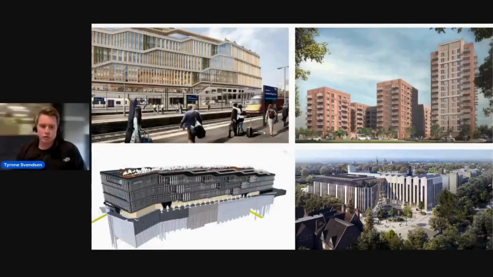I just wanted to show everyone this graphic. When I started at BIM Store, I asked for some cool photos of projects we were working on in the various businesses. I actually only learned a couple of days ago that the one in the top left is the new Google office. I think it's at London King's Cross Station.